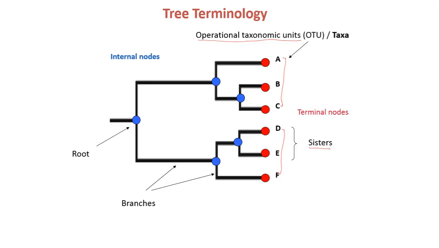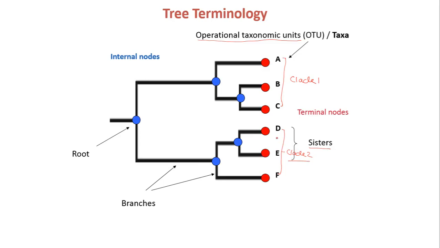This would be clade 1, that is formed by operational taxonomic units A, B and C. And the operational taxonomic units D, E and F form another clade called clade 2, and since clade 1 and clade 2 have a recent common ancestor, we say that clade 1 is sister to clade 2.